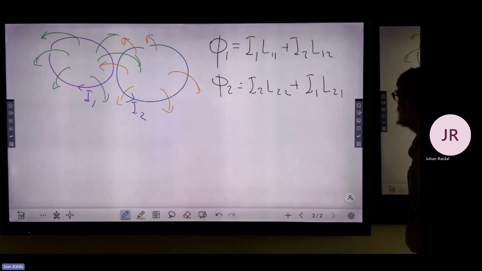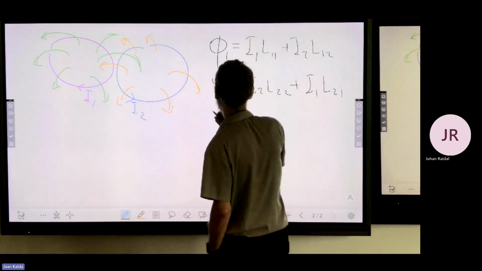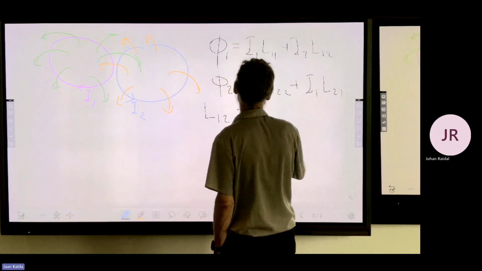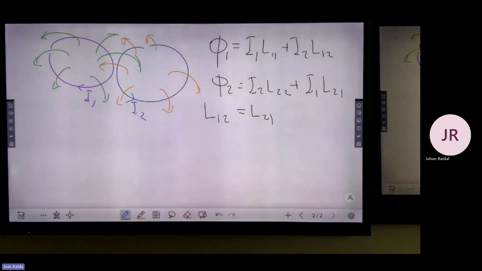So what we have is the equality L12 equals L21. Normally, during my electromagnetic course, I also prove this equality, but from the energy conservation law. We see that this must be satisfied, otherwise we wouldn't have energy conservation.